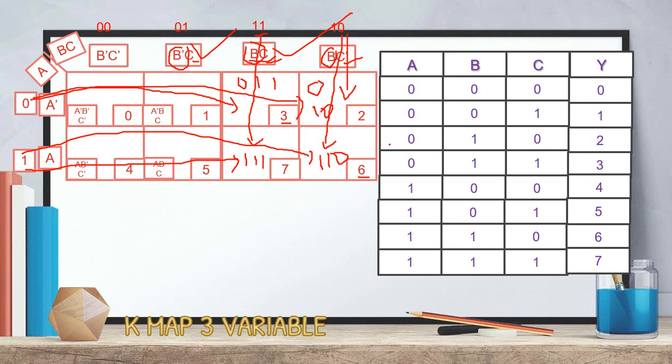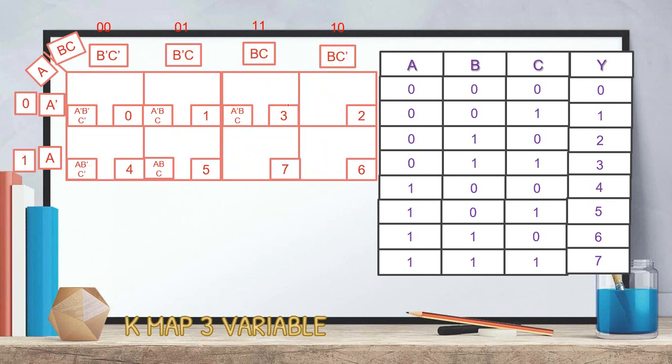Now how to represent it in equation form? In equation form, if it is 1 we take it directly, if it is 0 we take it in complementary form. So here we have A bar, and BC here directly, so A bar BC. Next, we have A here and BC from this side, so it is ABC.